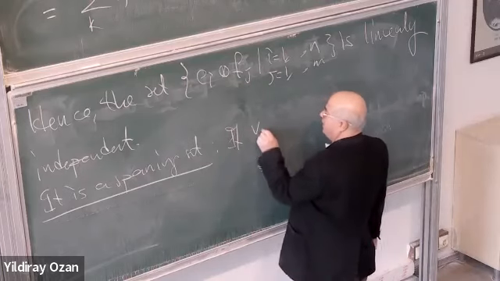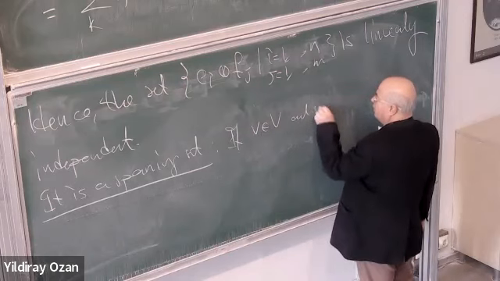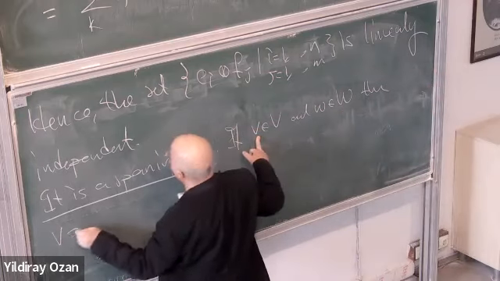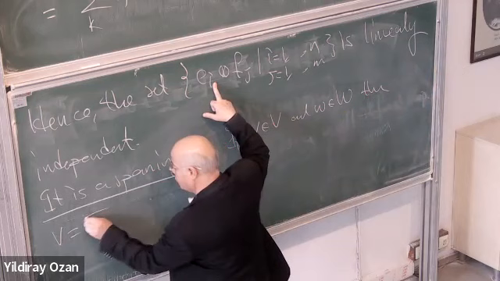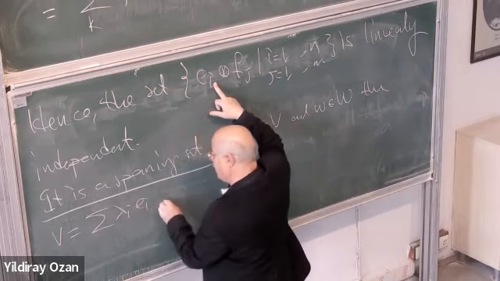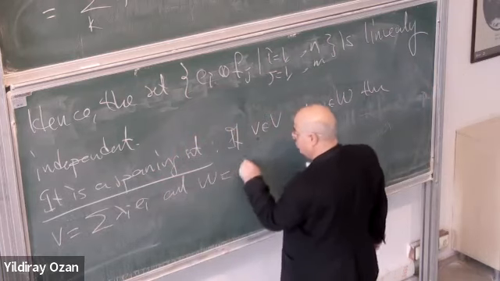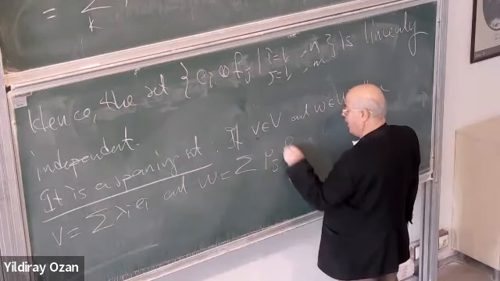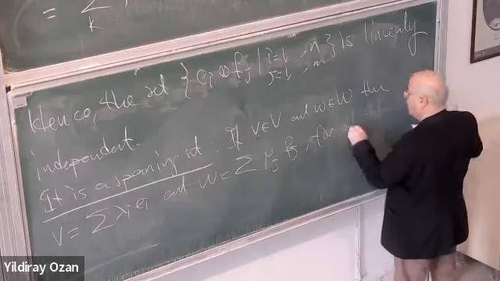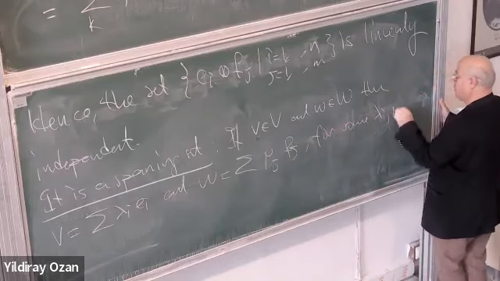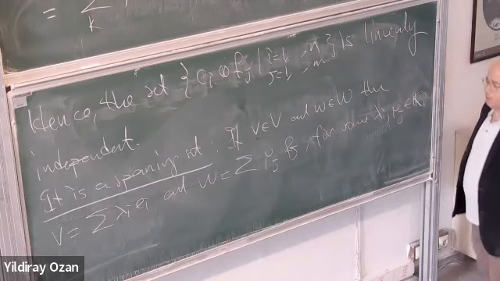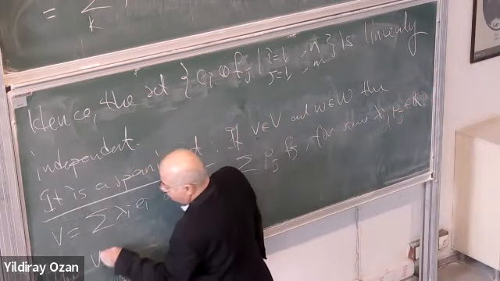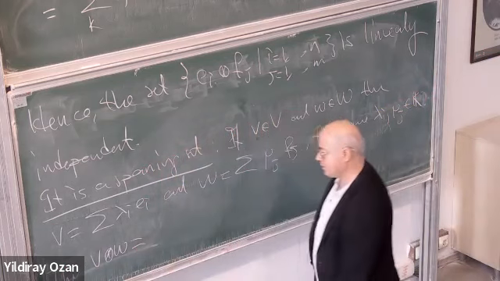So if v is in V and w is in W, then of course v is a linear combination of these basis elements, lambda i times E_i, and w is just mu j times F_j for some lambda i and mu j. Then v tensor w is what?